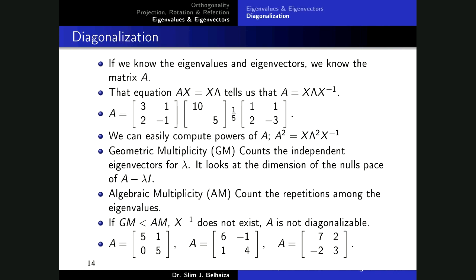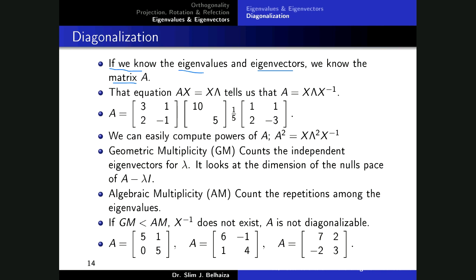Now, this is the last part in section 1.6, where we try to take advantage of these properties to generate what we call a diagonalization of a given matrix. What we said before is that when we know the eigenvalues and the eigenvectors, we know the matrix. So somehow the eigenvalues and eigenvectors give a compression of my matrix.